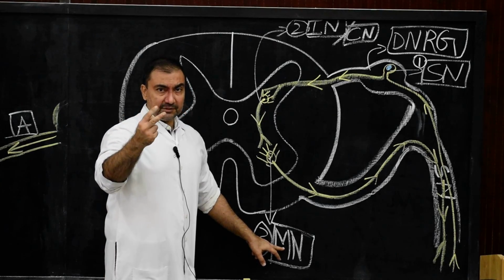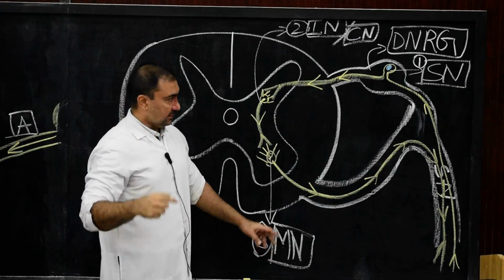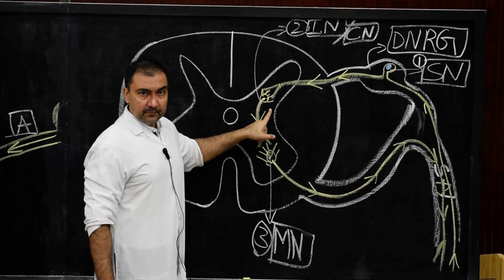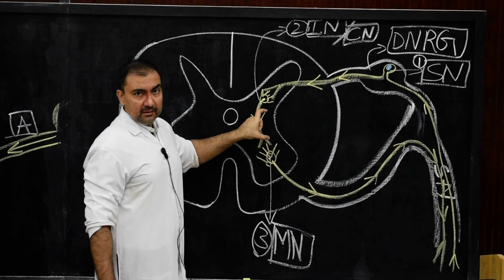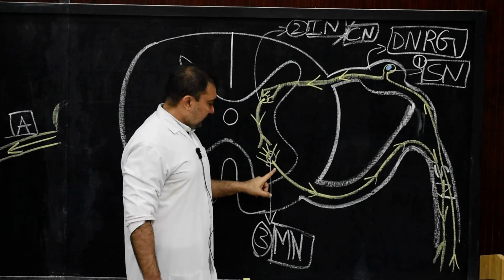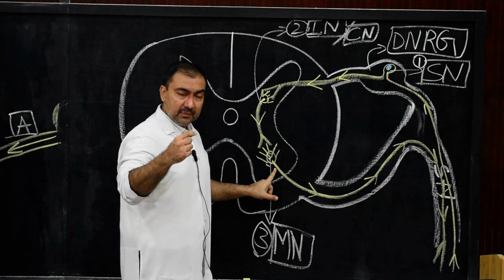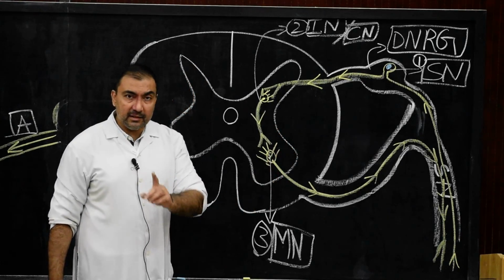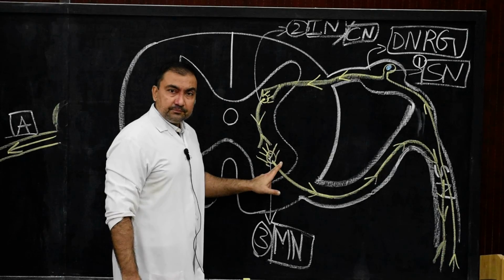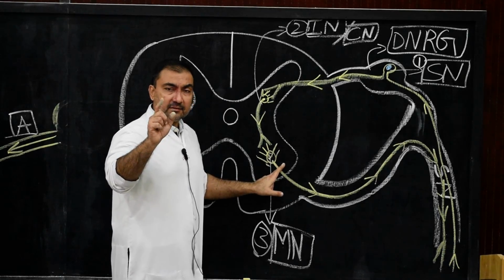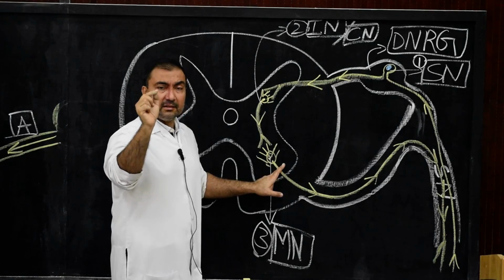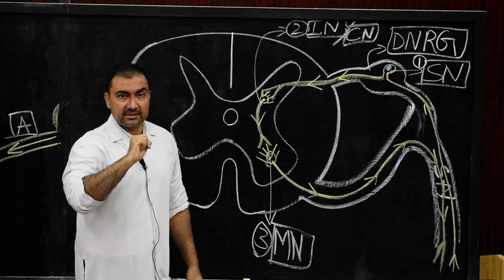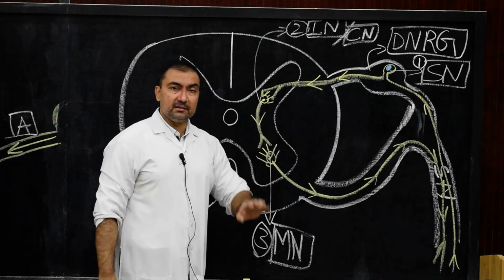So the second classification of neurons, depending upon their function, is over. The first was the sensory neuron; the second is the internuncial or connector neuron, located in the gray matter only and multipolar in shape. Third is the motor neuron, multipolar in shape, and please note down, the cell bodies of these motor neurons are located in the anterior horn of the gray matter, except the postganglionic autonomic nerve cells. The postganglionic nerve cells of the autonomic nervous system are located outside the central nervous system.